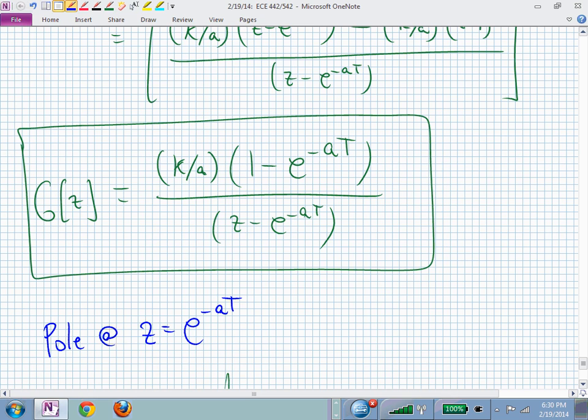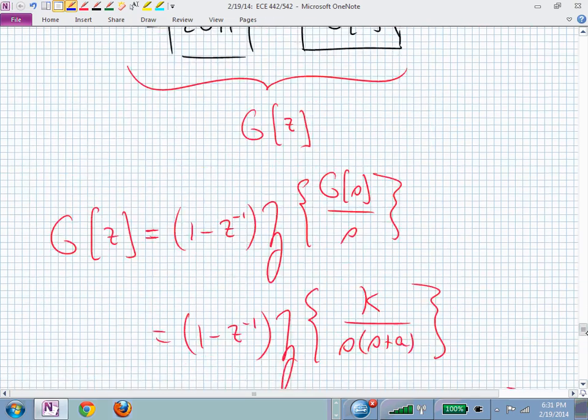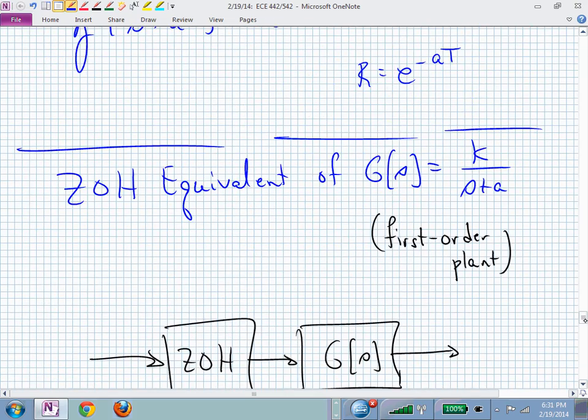So we would find g of s, and if we went back to our original g, the DC gain of this system is what in the continuous time or analog setting? K over A. All right. Now, the DC gain of that analog system was found when s was equal to 0, at zero frequency, at DC.